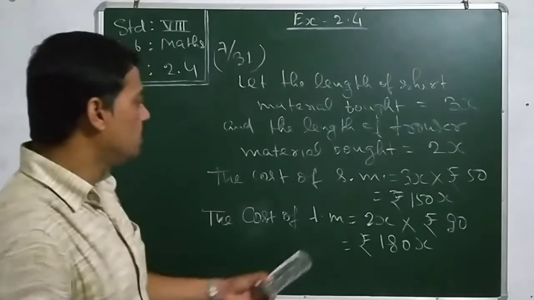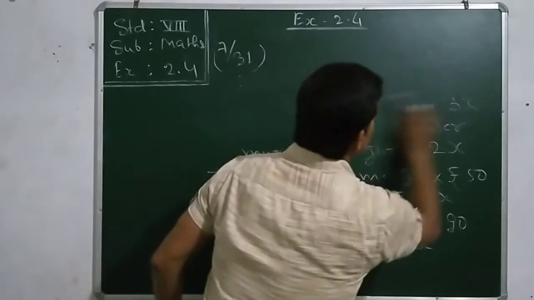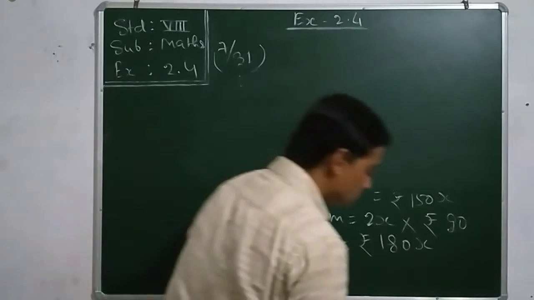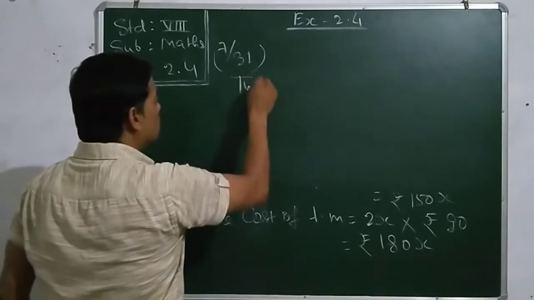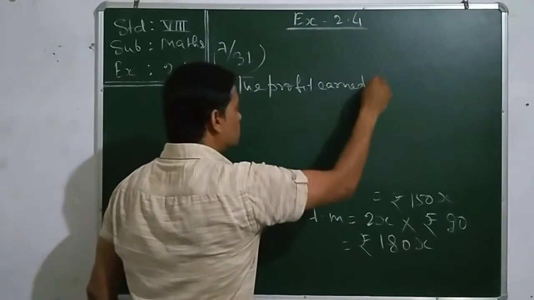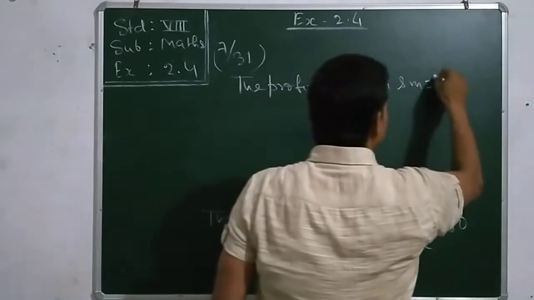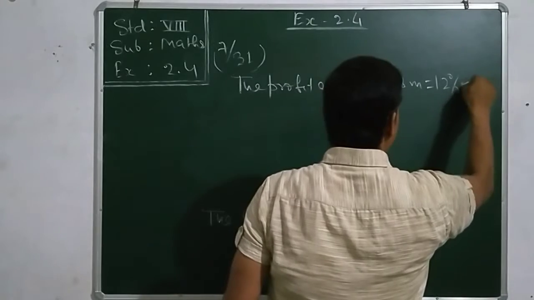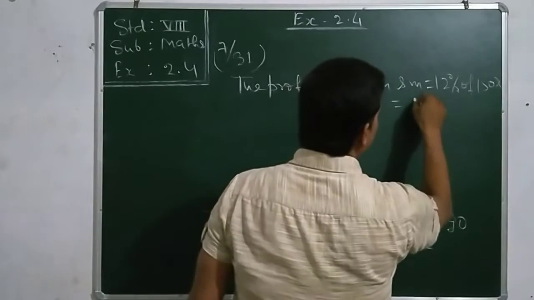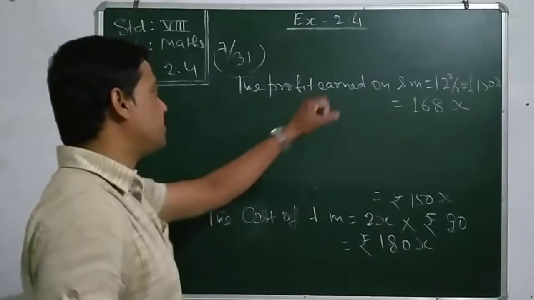So let us calculate the profit earned on both of the things. The profit earned on shirt material equal to 12% of 150x, that you will get 18x. Calculate it, you will come to 18x.